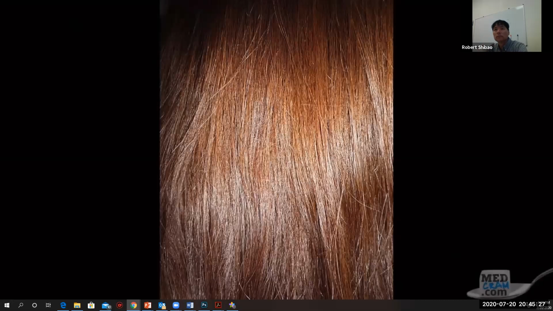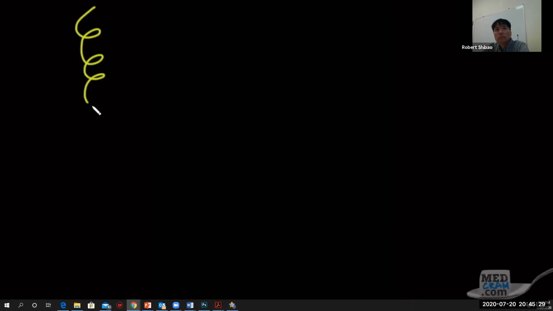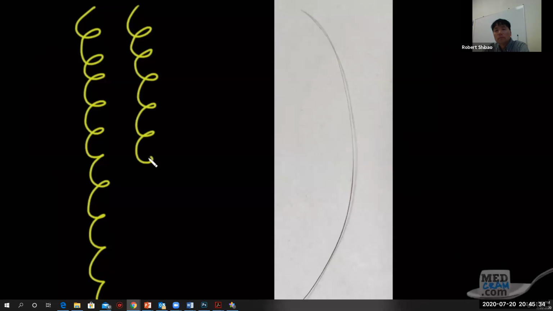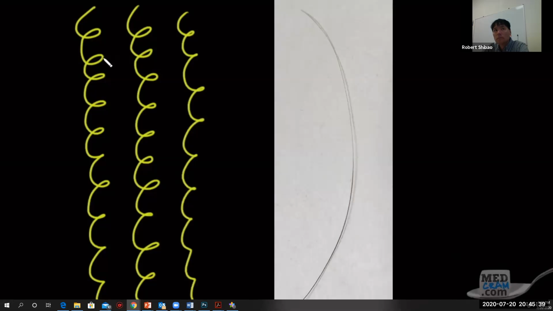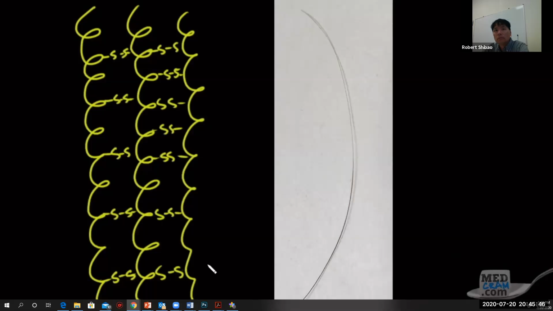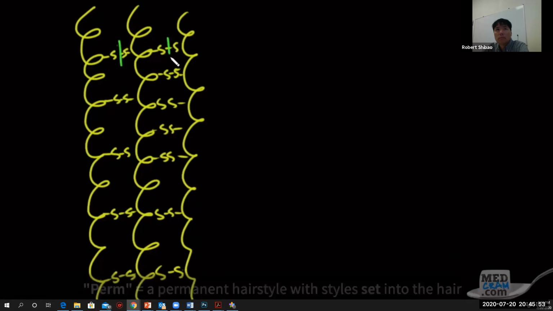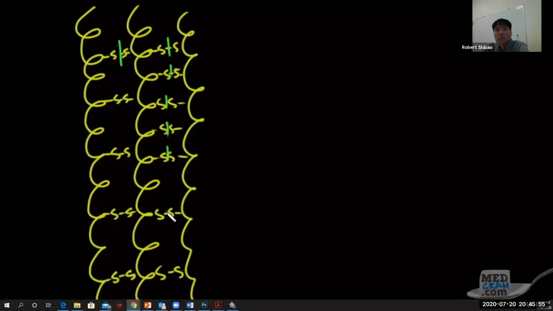By the way, this is the same thing that happens with hair. So here is simply strands of keratin, which is a spiral structure, and a single thread of hair is basically multiple keratin fibers. And what's happened is there are S groups that are binding these together. And then what happens when you go for a perm is it's basically a reducing agent, and you break all of these disulfide bonds and you put H's on them.